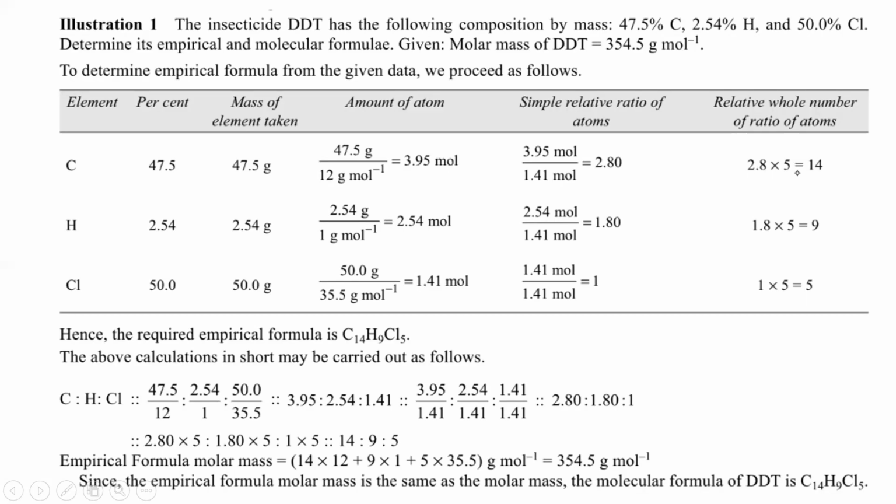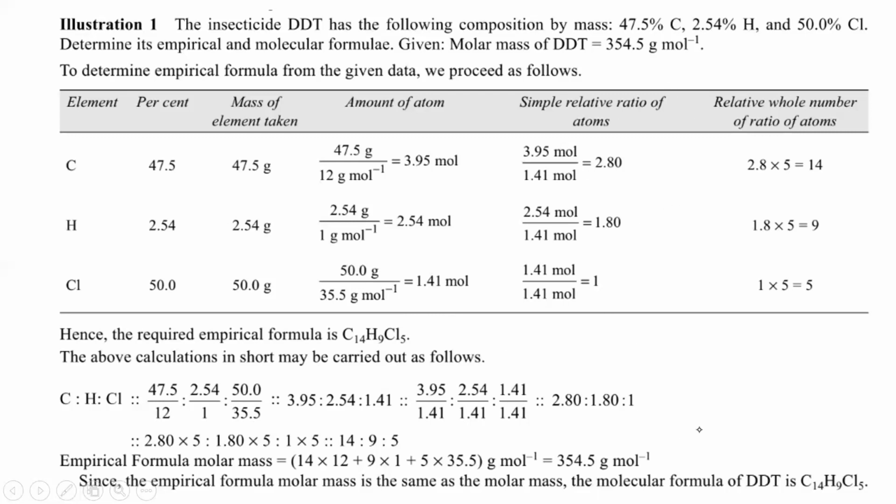The number is 5. If you multiply by 5, 2.8 into 5 is 14, 1.8 into 5 is 9, and 1 into 5 is 5. So the empirical formula for this compound is carbon 14, hydrogen 9, chlorine 5, that is C14H9Cl5. As we know, the empirical formula molar mass is equal to 354.5, and the molar mass is also given as 354.5.